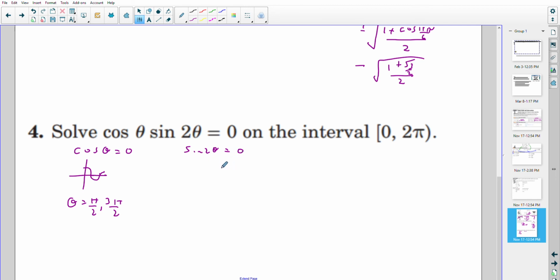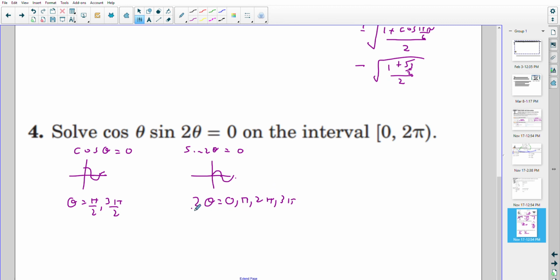Sine 2 theta equals 0. Now, when does that occur? Well, if I were to think about this equaling 0, then I know that it is going to equal 0 at these points. So I know now that 2 theta can equal 0, or pi, or 2 pi, or 3 pi.